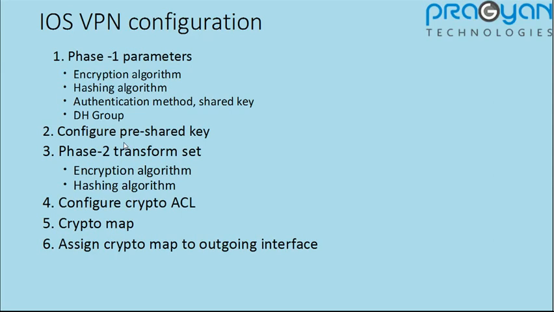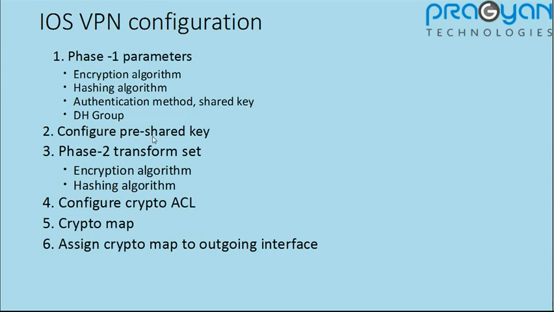For IPSec VPN configuration, these are the key elements you need to configure. For phase 1, as you know, there are two phases. In phase 1, you need to configure the encryption algorithm, hashing algorithm, authentication method, and Diffie-Hellman group. Then you need to configure the pre-shared key for the specific gateway if you're using pre-shared key. If you're using another form of authentication like certificates, then you configure your certificate related parameters.